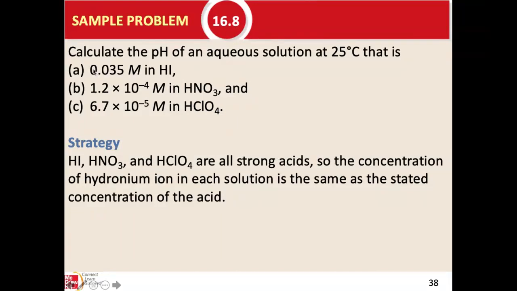And take a look at their concentrations: 0.035 molar, 1.2 times 10 to the negative 4 molar, and HClO4. Their starting concentrations are also the concentration of the hydronium ion, H3O+. It's exactly the same.